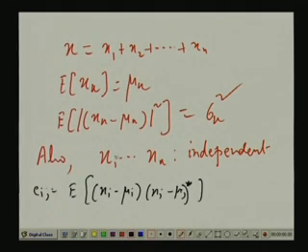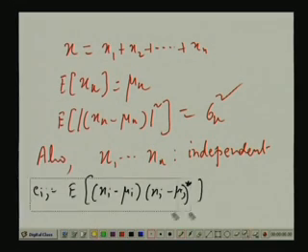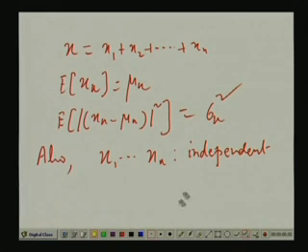So, we are given here the fact that x_1 to x_n are n mutually independent random variables, which means they are uncorrelated also. Okay. So, then what happens to E of x?